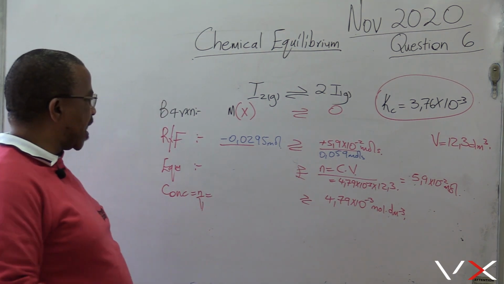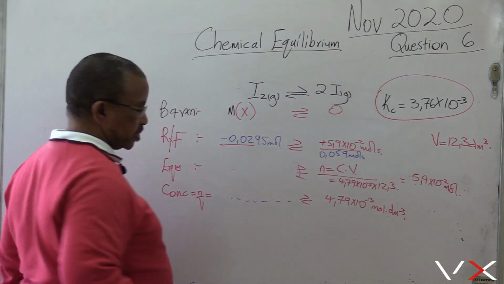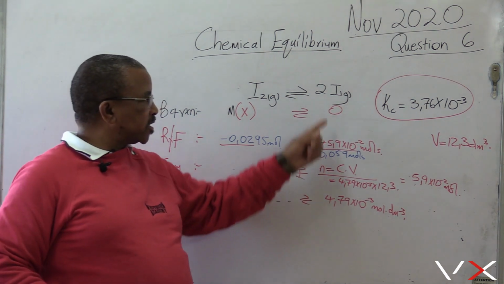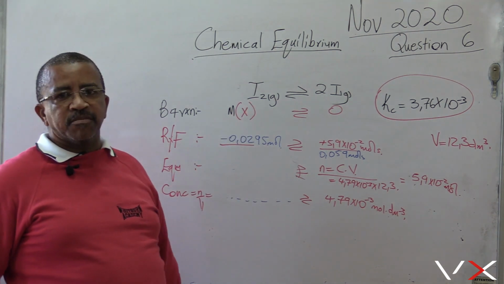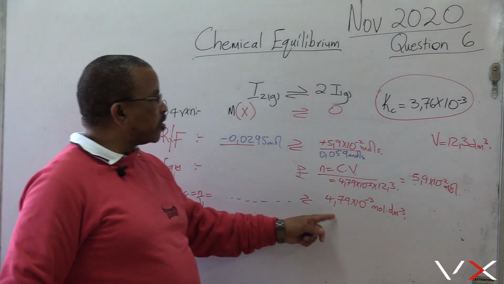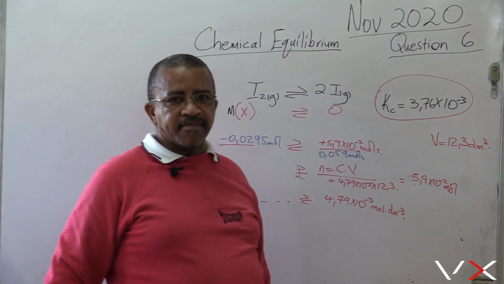Now we must get the concentration of I2. We know the concentration of I, but we must get the concentration of the iodine molecule. We are given the value of Kc.